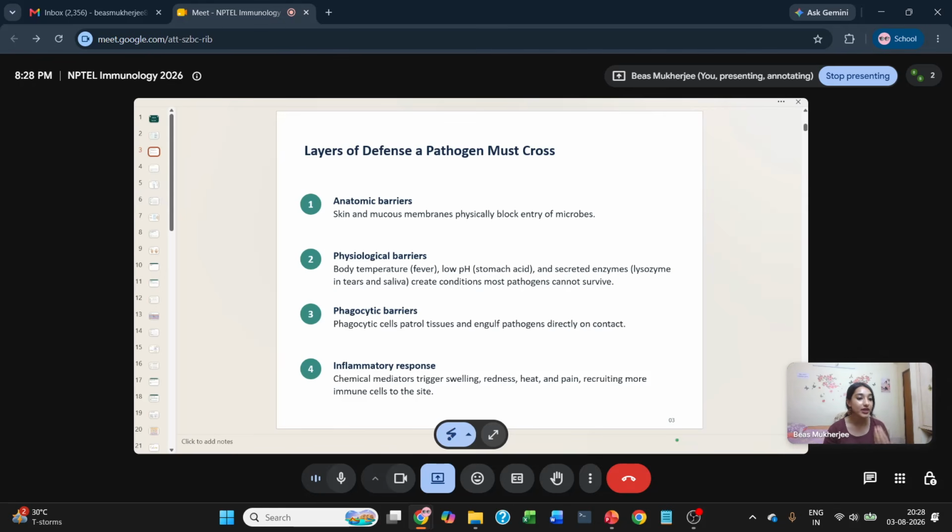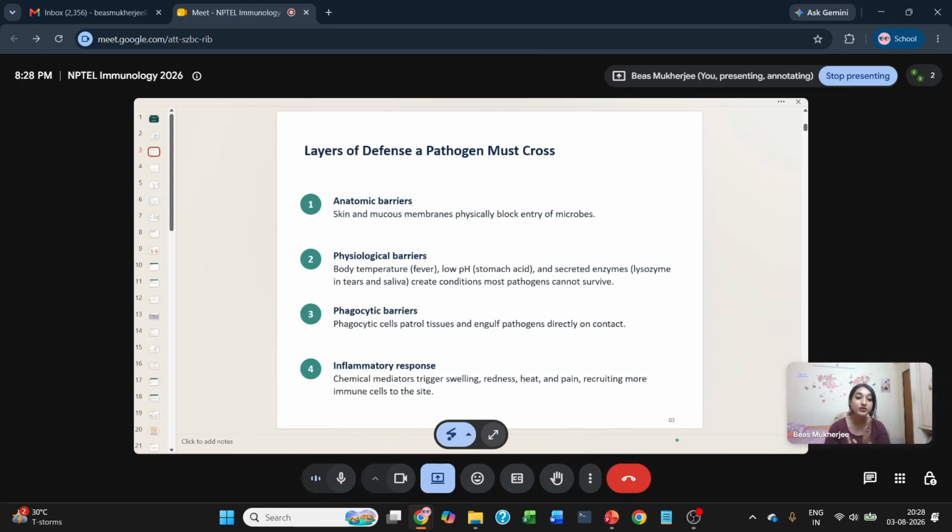Then we have the low pH in our stomach of pH 2, which kills the microbes that we eat along with our food and drinks. Okay, and then secreted enzymes, so lysozyme in our tears, saliva in our mouth, and mucus secretion. So these have lysozymes, and these create conditions in which pathogens cannot survive.